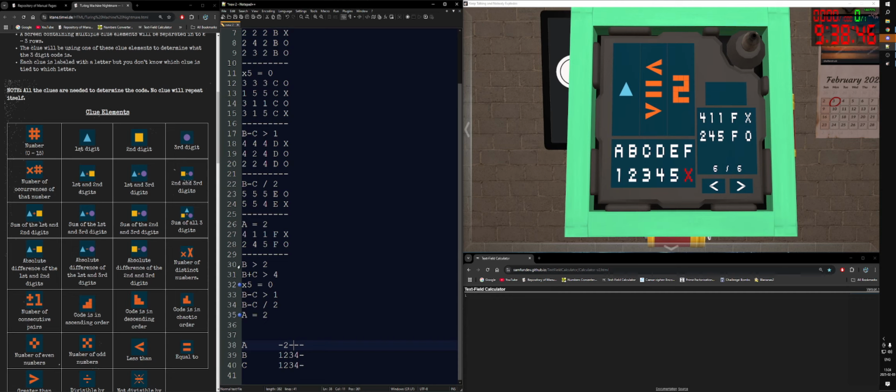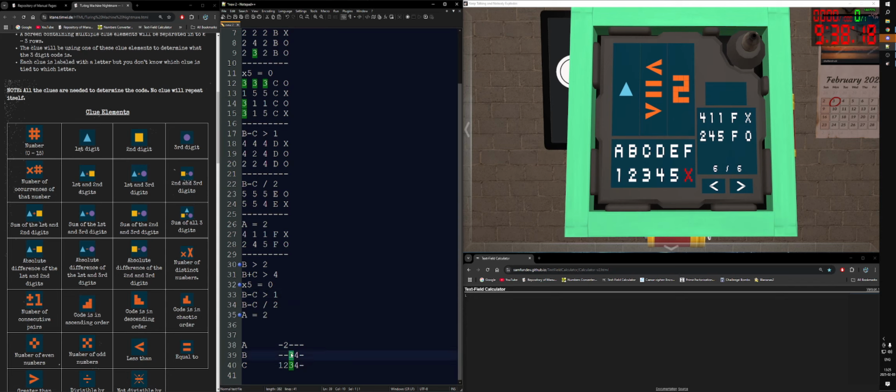This rule tells us that value B has to be greater than 2. So it cannot be 2 nor 1. Otherwise, this rule will be false. The second minus the third has to be greater than 1.